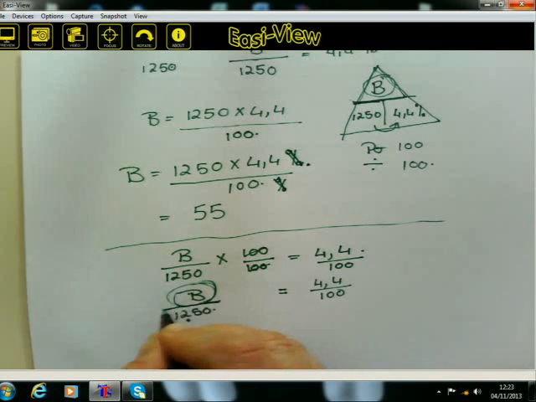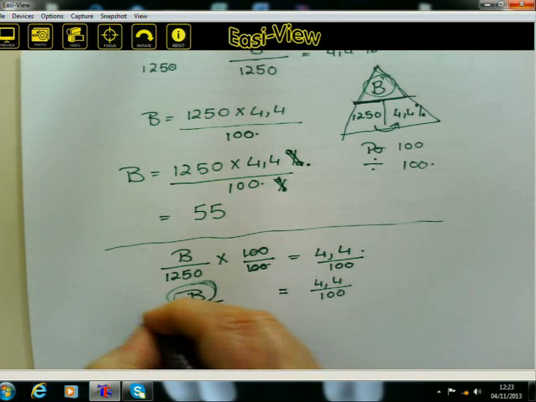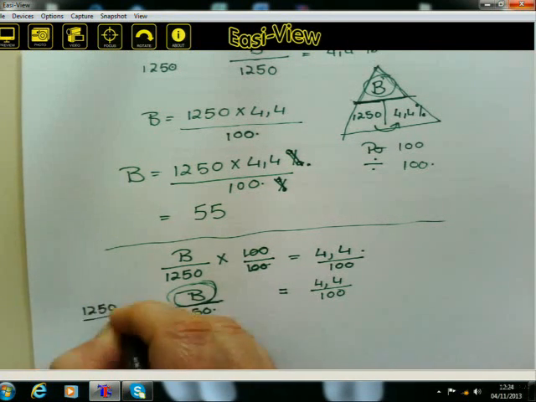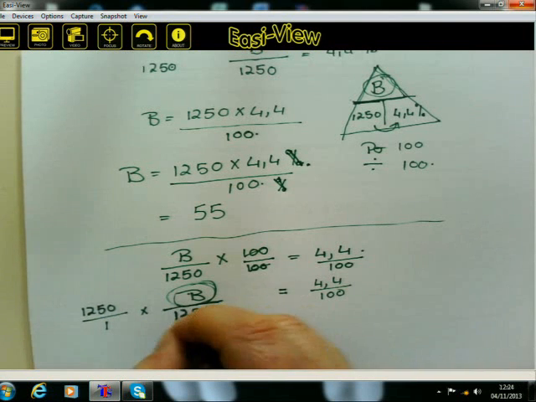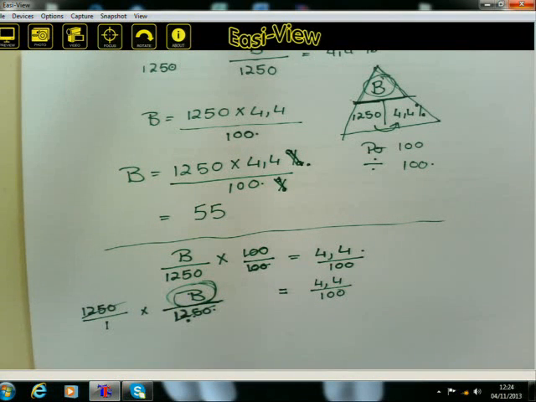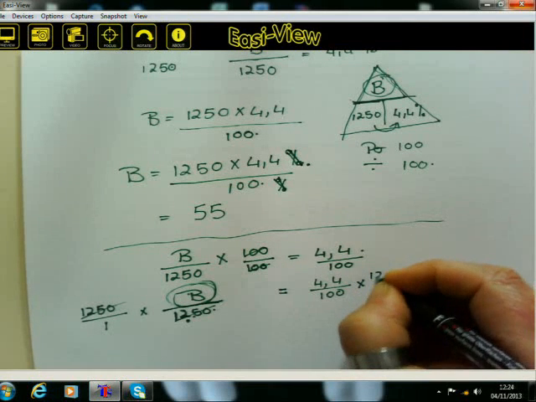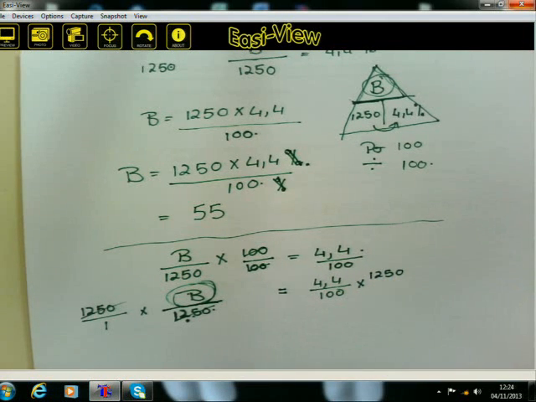Now, 1250, you are dividing by it currently. So, if you want it gone, you must multiply with 1250 over 1. Look, it will cancel. Then it's gone. Then B is alone. But then you need to multiply with 1250 on this side also. Okay?